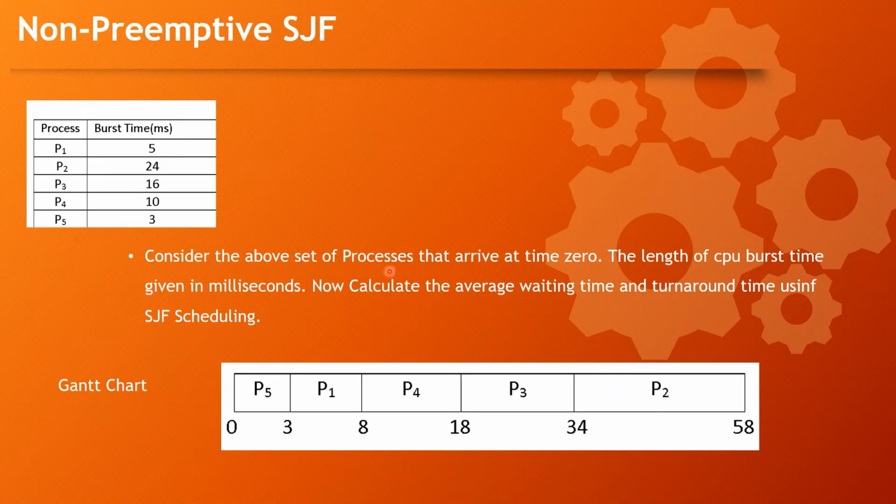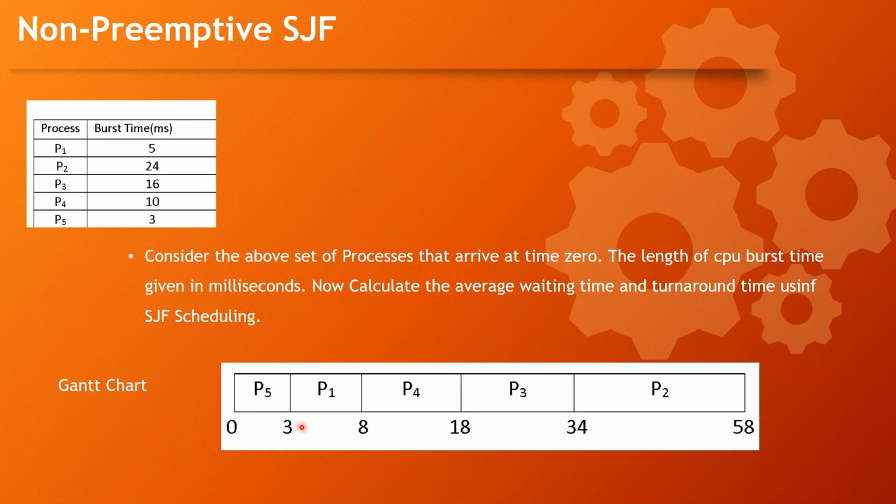Since the arrival time of all the processes is 0, all of P1, P2, P3, P4, P5 are in the ready queue. I need to choose the smallest among all these, so obviously it's P5. P5 gets the CPU and starts executing, and its burst time is 3.